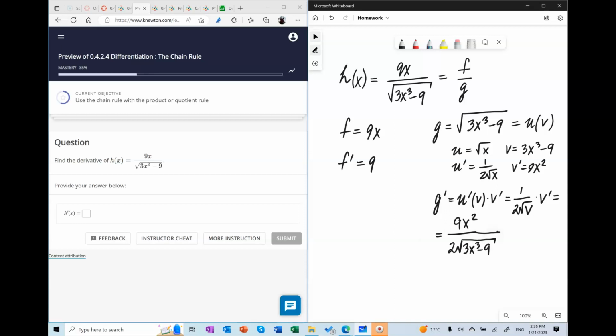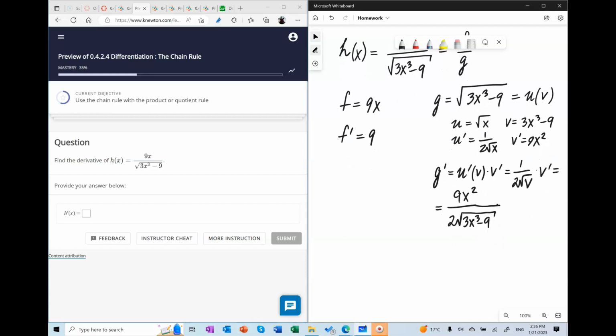And now we have all the ingredients, and now we are ready to find the derivative of h. So h prime will be equal, by the quotient rule, f prime g minus f g prime divided by g squared.